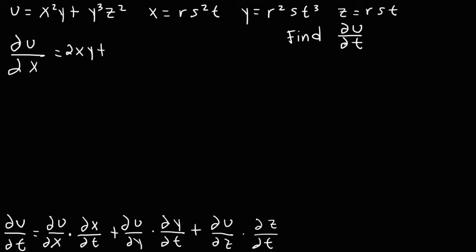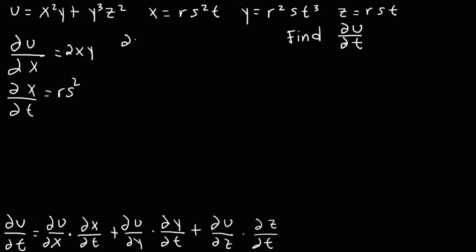And notice that there's no x variables here. So that whole thing is a constant. The derivative of a constant is 0. Now let's find the partial derivative of x with respect to t. So that's using this formula. So r and s squared are constants. The derivative of t is 1, so we just get rs squared.